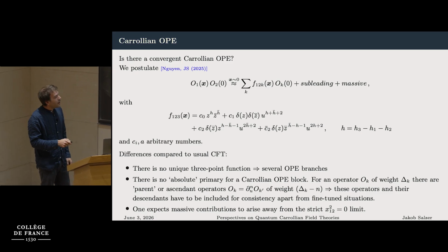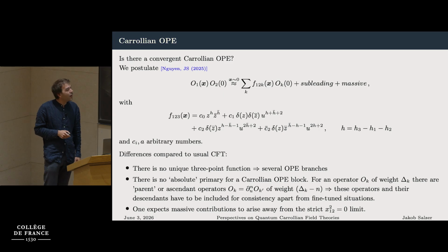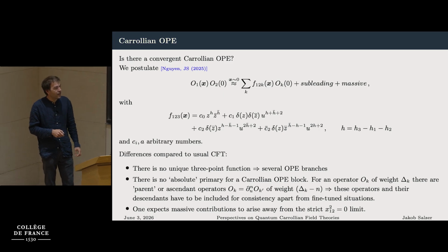And then, what are these additional terms here? If you act with the quadratic Casimir, which gives you the mass, on the left, then this is non-zero. And it's non-zero precisely when these two operators have a finite spatial separation.